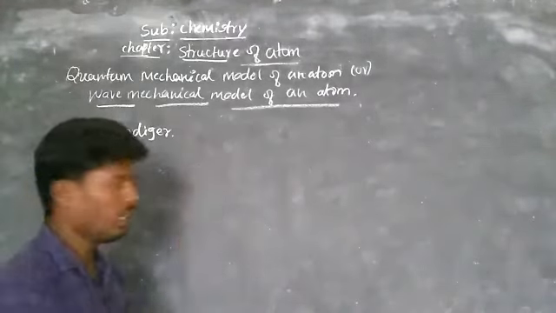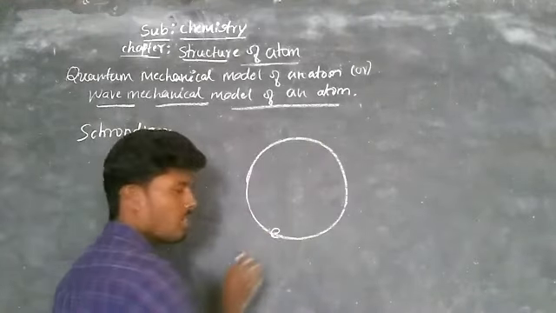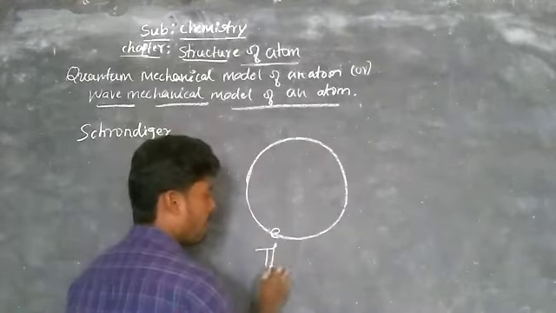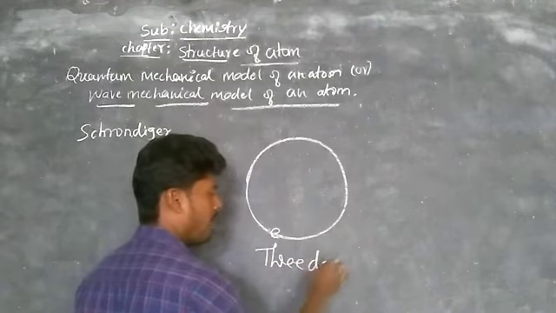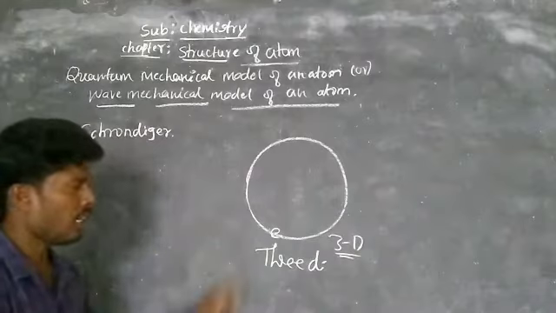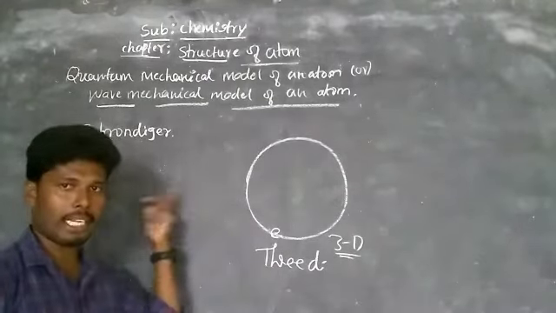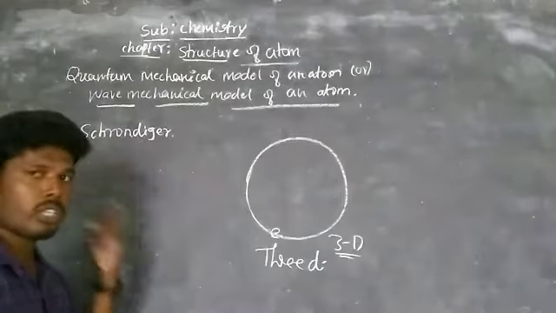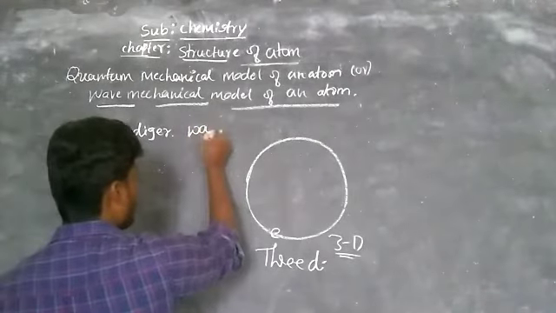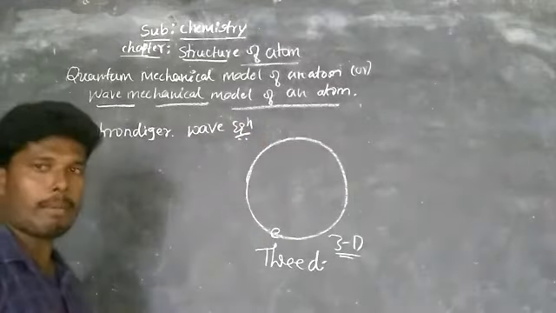Based on that, in an orbit the electron is moving in a three-dimensional way. Based on that, he gave a mathematical equation called the Schrödinger wave equation for moving electrons in a three-dimensional manner.